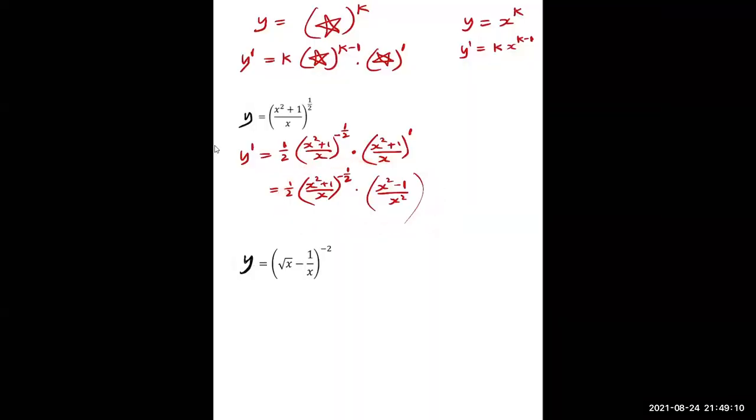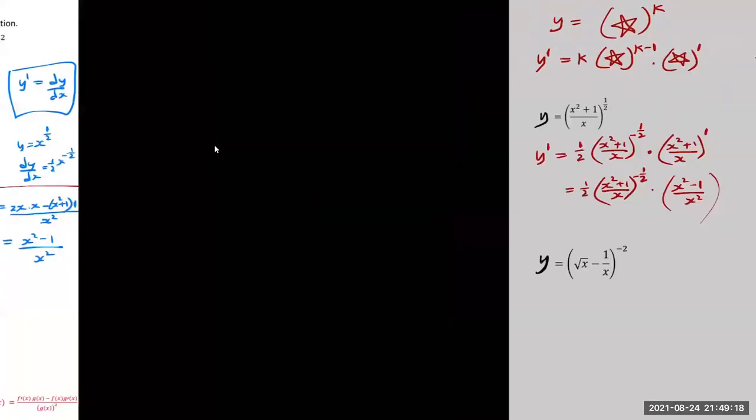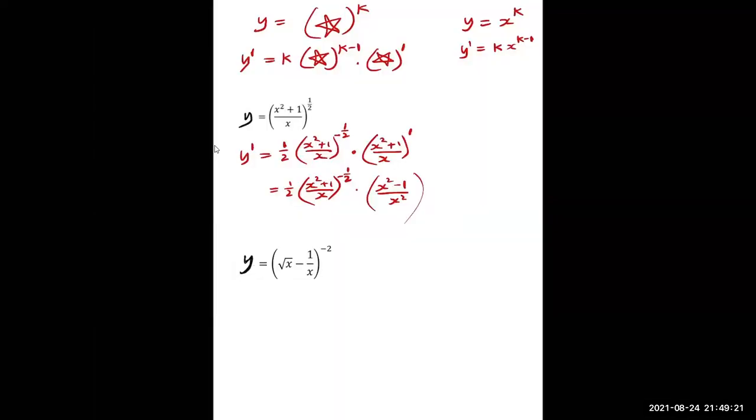To get used to this shortcut, let's do another example. Actually, we do two examples. Let's work on part B. How do you apply your star rule for this example? Notice that your star in this case is this expression and your k is this one.